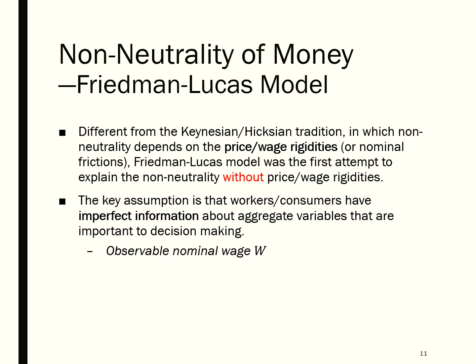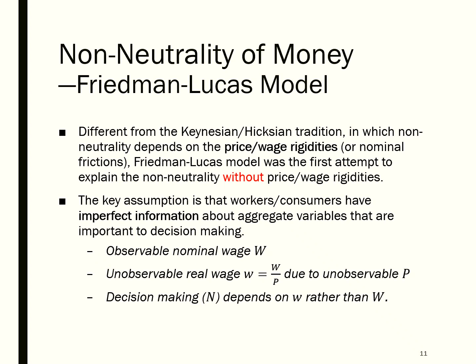Imperfect information means you do observe the nominal wage. Well, that is easy to check. You just check your payslip. But the real wage is unobservable, because the real wage, the little w, is equal to the big W, the nominal wage, divided by the overall price level. Because you don't know the price level overall in this economy, you will have to estimate how much P is, so that you can have an estimate of this real wage.